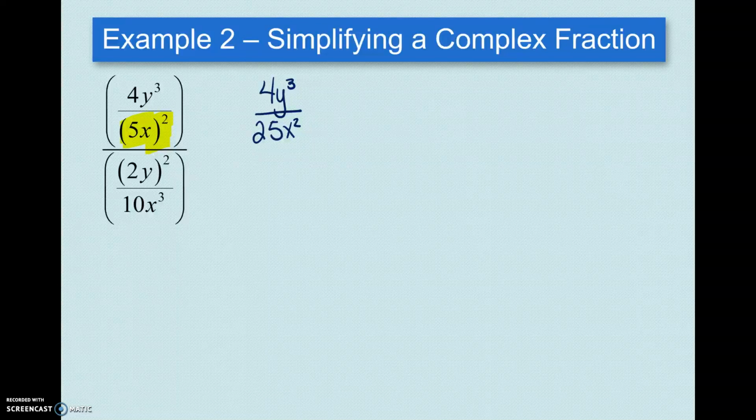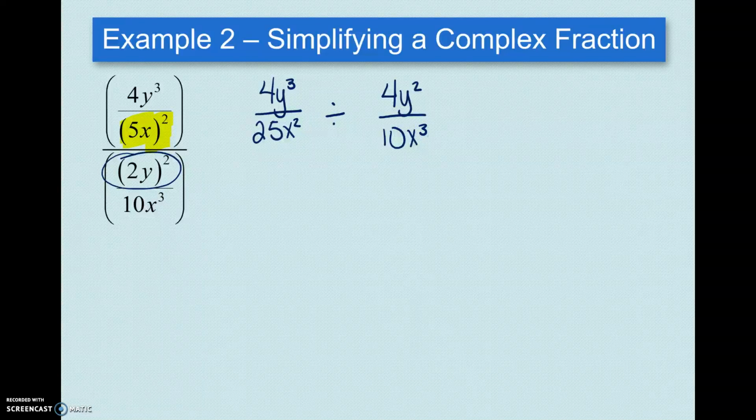Whichever way you get there, that's totally fine. Then divided by, what is 2y squared? 2y times 2y, or 2 squared y squared, 4y squared over 10x to the third.